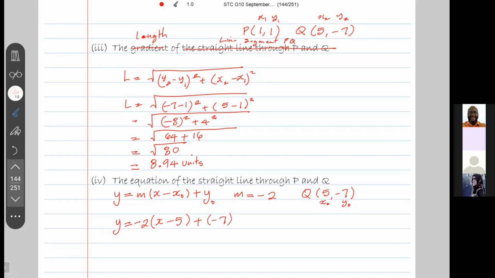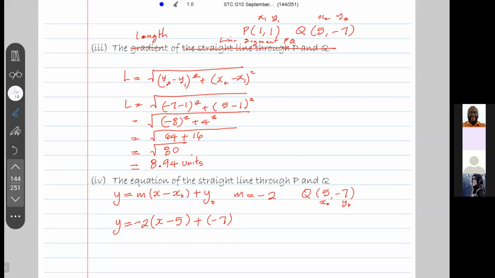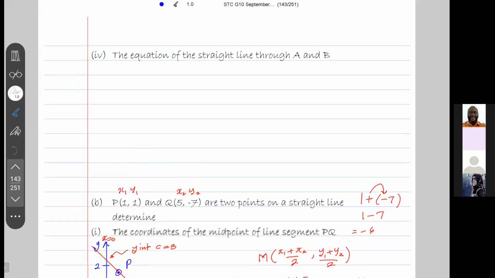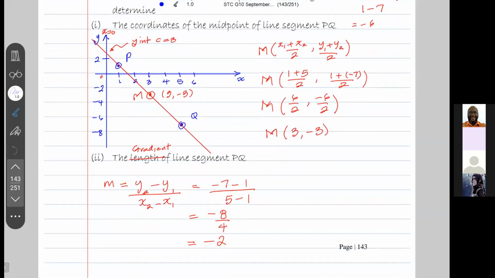All right, before we go any further, I want to show you that we already know the equation of the line. Remember earlier I told you that y is equal to mx plus c is the general format of the equation of a straight line, general meaning that it's talking about all of them.